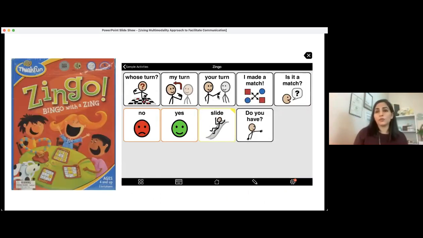And for those of you who have kids who use an AAC device, I mainly work with Proloquo2Go. This is my interface for Zingo. So whose turn, and it's for a child at this level at this time. We're at this level at this time, but I can just add yes and no, like over here.